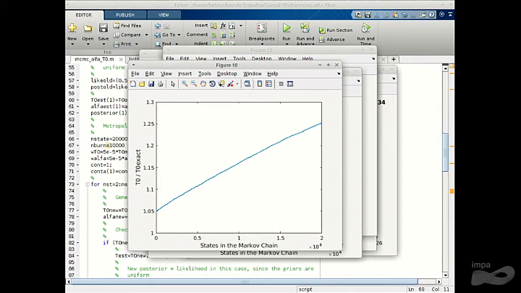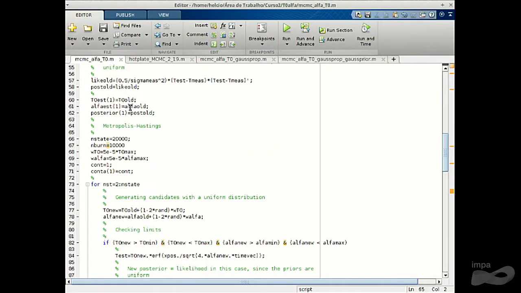So before, 5 10 to minus 4 gave a nice result here. Let's put 5 10 to minus 2 to see what happens. So now we are taking a very large maximum step.